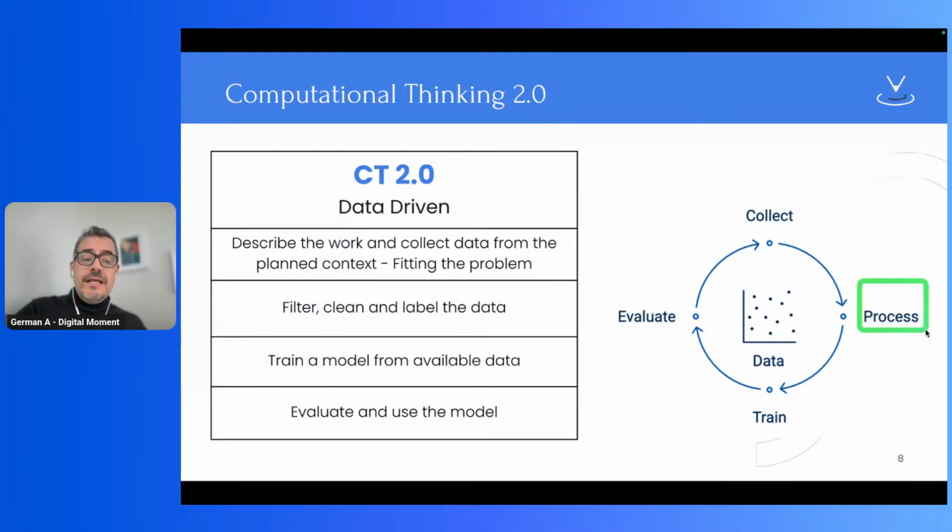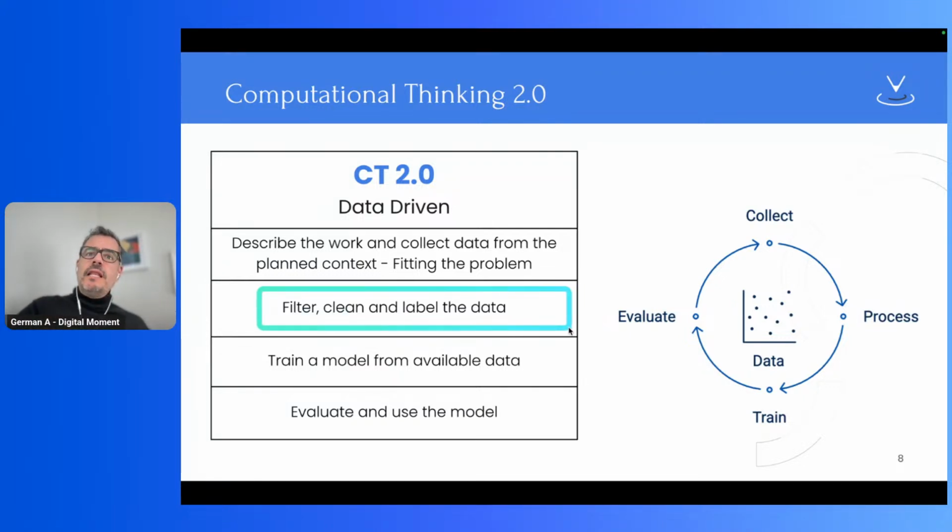After I collect it, I need to process that data, meaning I need to filter it, I need to clean it, I need to label it. I need to give it labels so it can be in different buckets, so it can be categorized that way or predicted to be one of those buckets. But I need to make sure also that the data is relevant.